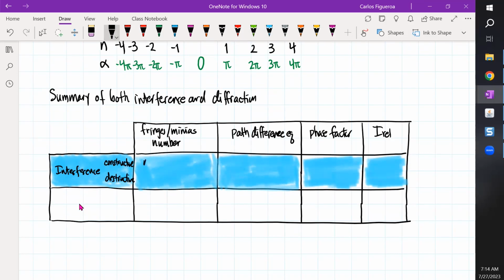So here we go. MC has 0, plus or minus 1, plus or minus 2. MD has the exact same values. When I look at the path difference equation, it reads d sine theta sub m, and this will be m_C lambda, and this will be (m_D plus 1/2) lambda.